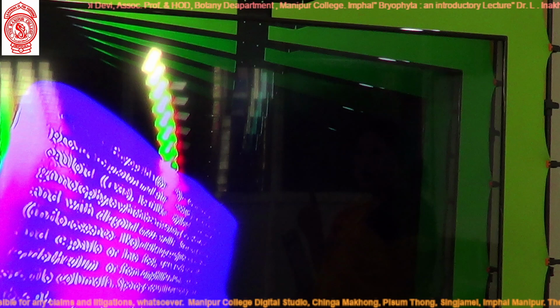Then the class Bryopsida is divided into 3 subclasses, that is Sphagnidae, which contains only one order, Sphagnales, that is Sphagnum, and Andreaeidae, Bryidae, and so on up to the 15 orders, such as Funariales, Funaria.